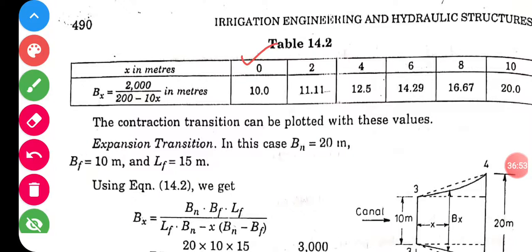At x equal to 0, Bx is 10 meter. At x 2 meter, Bx is 11.11 meter. At x 4 meter, Bx is 12.5 meter. At x 6 meter, Bx is 14.29 meter. At x 8 meter, Bx is 16.67 meter. At x 10 meter, Bx is 20 meter.